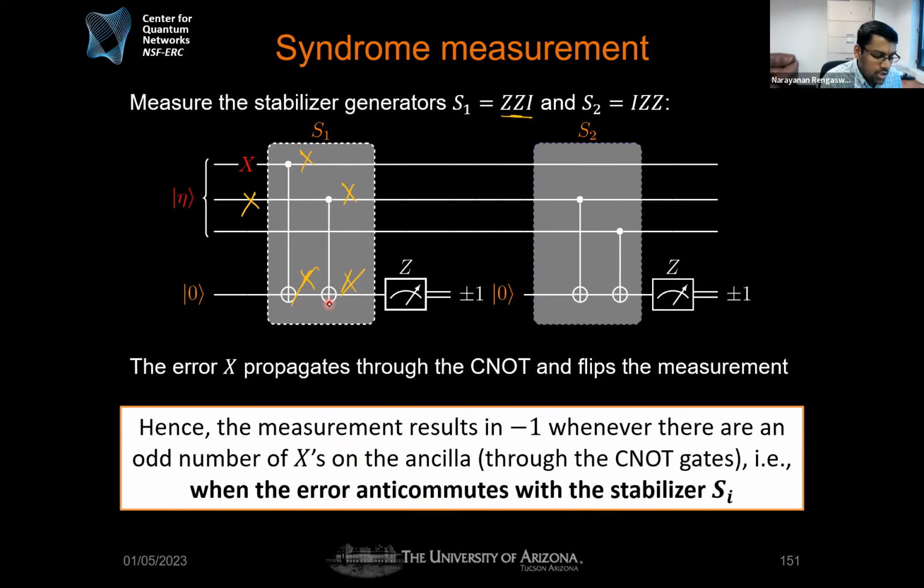And that's why you did not see a -1. If you had an odd number of X's on the first 2 qubits, then you will only anti-commute with one of the Z's, and so you will see a -1. And so whether an error flips the syndrome bit or not can just be detected by its commutativity with the stabilizer.